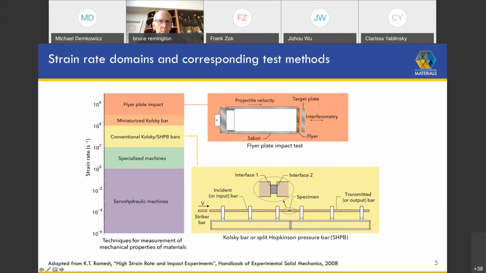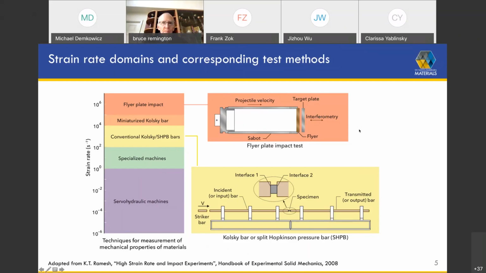The flyer hits the target plate, and in this case, the target is necessarily thin in this direction and large in this direction. The aspect ratio, if you look at the diameter to the thickness, is on the order of about 10. Okay? Now, importantly here, in order to get any useful measurement, we need to measure the back face velocity using an interferometry method.